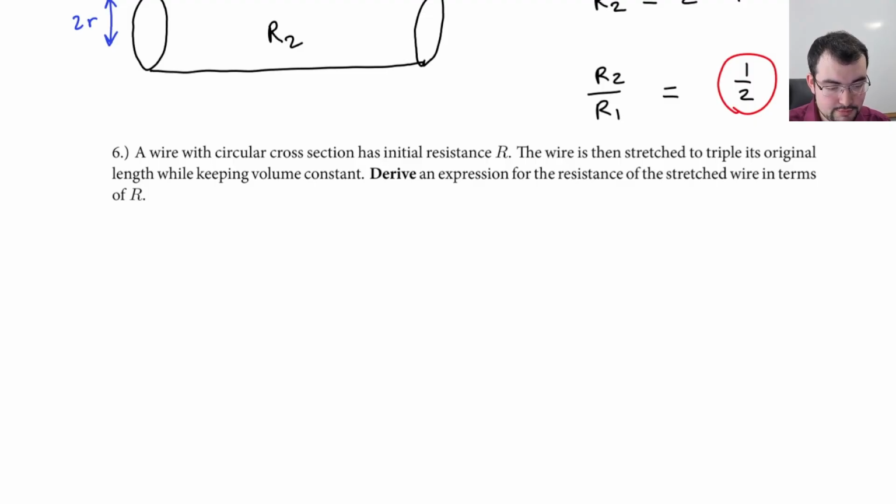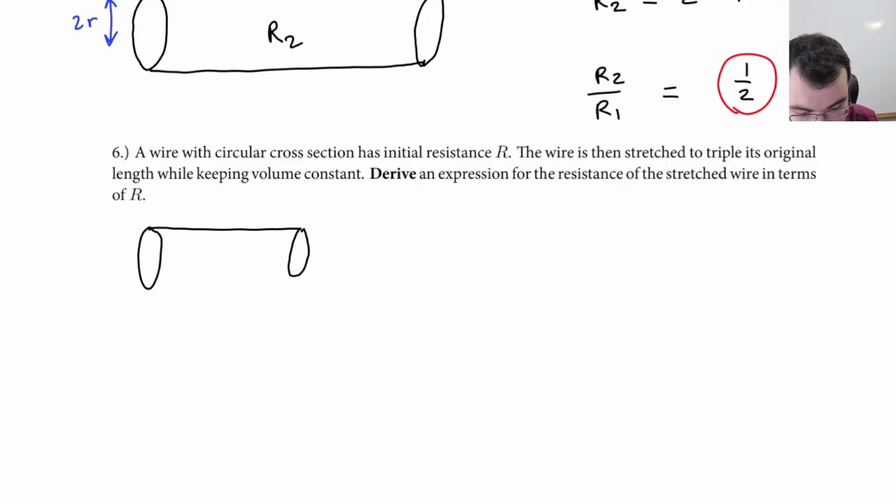It means there's only a set amount of the wire you have. So if we stretch the wire to triple its length, keeping the volume constant, we're originally going to have something like this. We're stretching it to triple its original length.